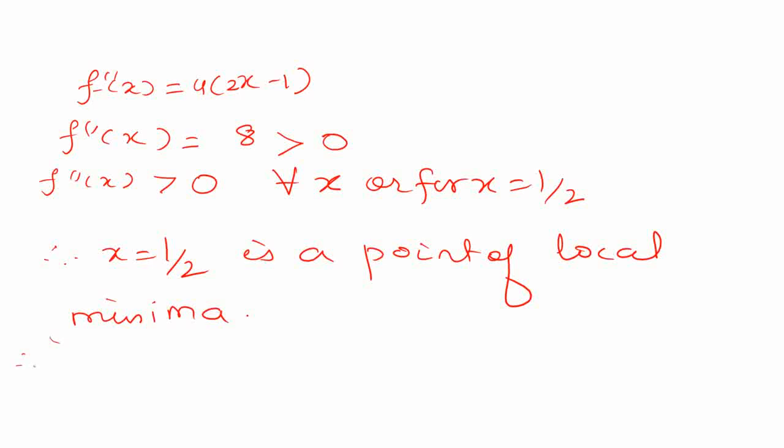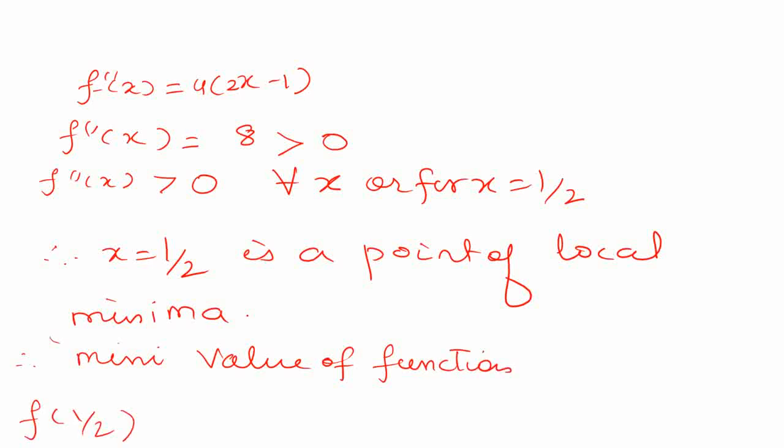So therefore minimum value of function is f of half. Okay, so that we have to find. So (2x minus 1) square plus 3 is the function. So here we will substitute half value.